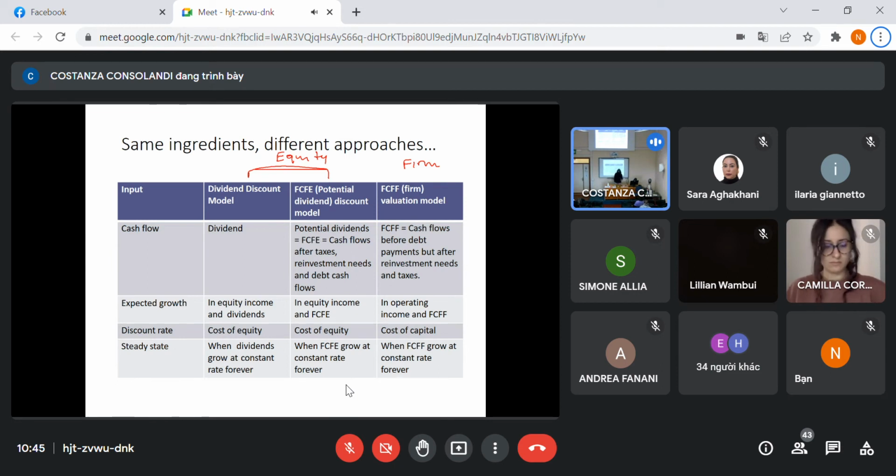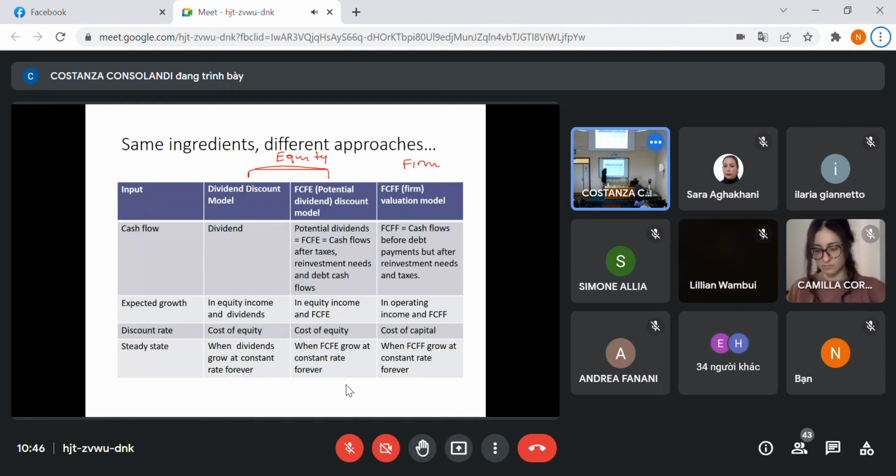They're not necessarily dividends. Very often, free cash flow to equity are higher than dividends. But indeed, dividends are the only cash that in practice, in reality, goes in the bank account, in the hands of shareholders, okay? That's why we also have the dividend discount model. So which are the ingredients? Cash flows.